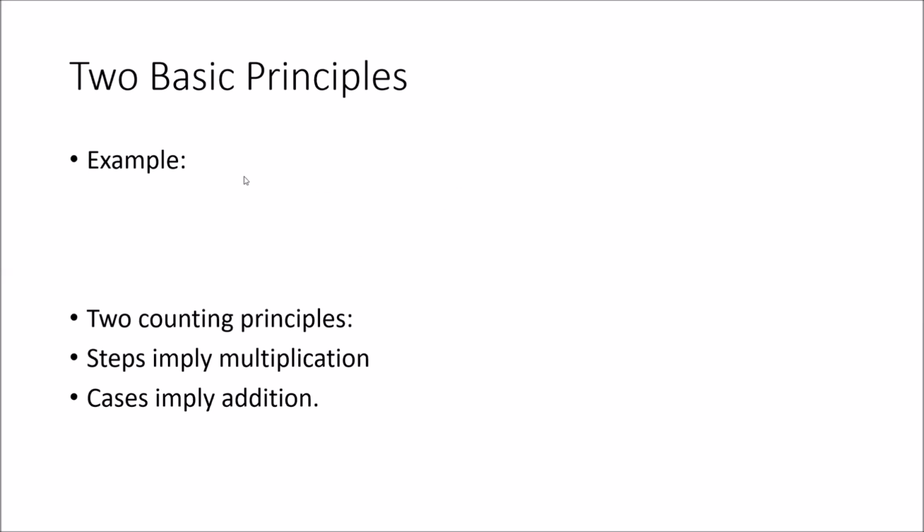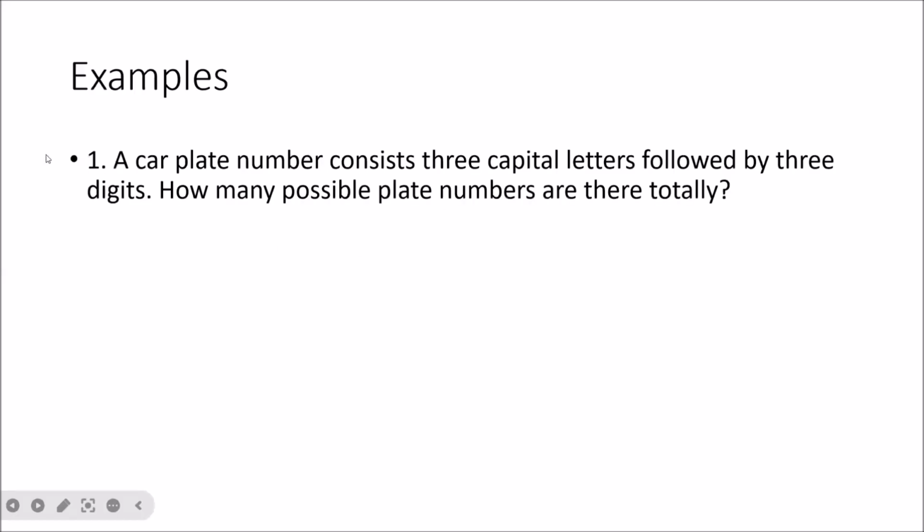All right, so let's look at some examples. A car plate number consists of 3 capital letters followed by 3 digits. How many possible plate numbers are there totally? We're going to do it by steps. So you have 6 things. The first 3 things are capital letters, and the last 3 are digits.